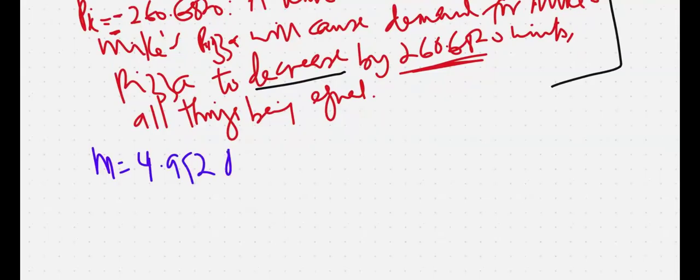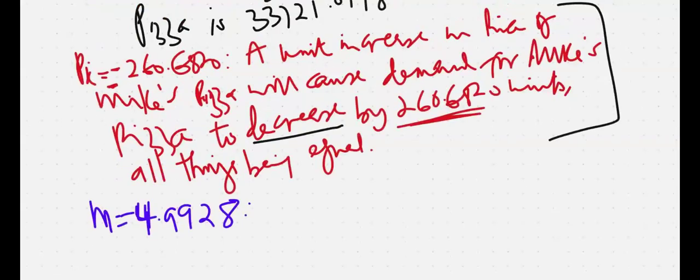So the interpretation is very simple, not anything difficult. Then we bring the colon. 4.9928. So now let's look at something here.